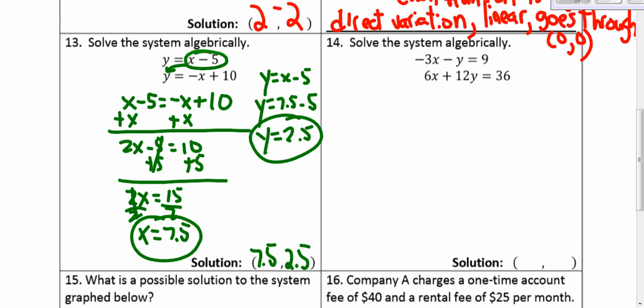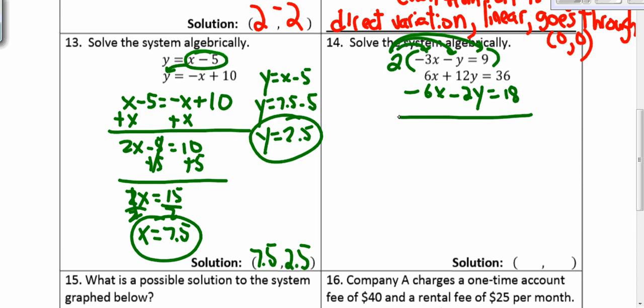Guess what? There's nothing that cancels. So there's a couple of different ways that you could do this. I see that I want to go after the x's, so I'm just going to multiply by 2 to make that negative 3x a negative 6x. And as long as I do that, I'm going to cancel the x's. So this equals 18, 2 times 9. Don't forget to do that, 2 times 9.